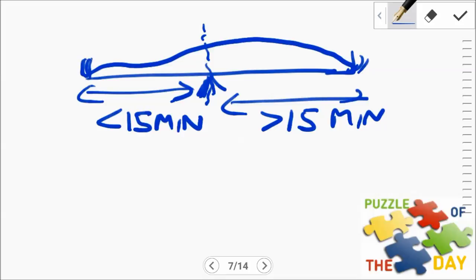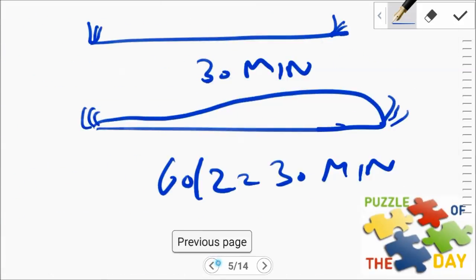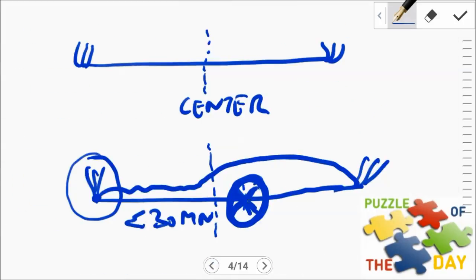Is there anything else we can do to measure 15 minutes? One interesting part: we discussed that if we are given a non-uniform rope, we can always measure 30 minutes, because if we burn from both ends, they may not meet at the center, but we can measure exactly the half time.